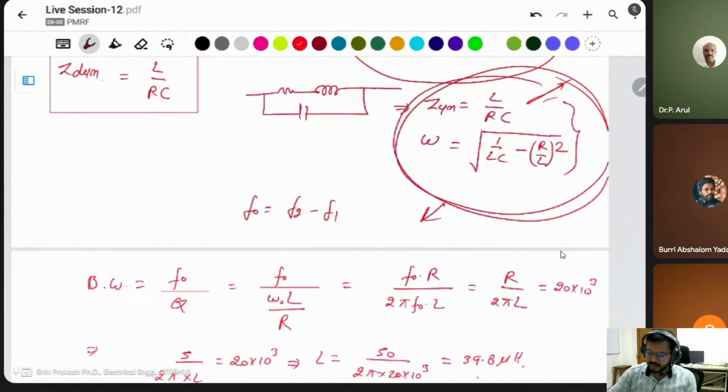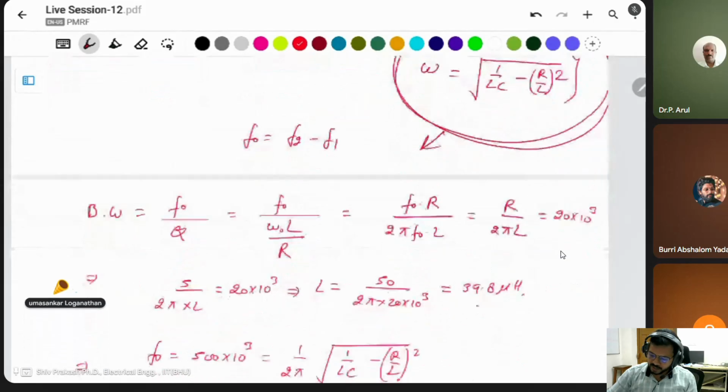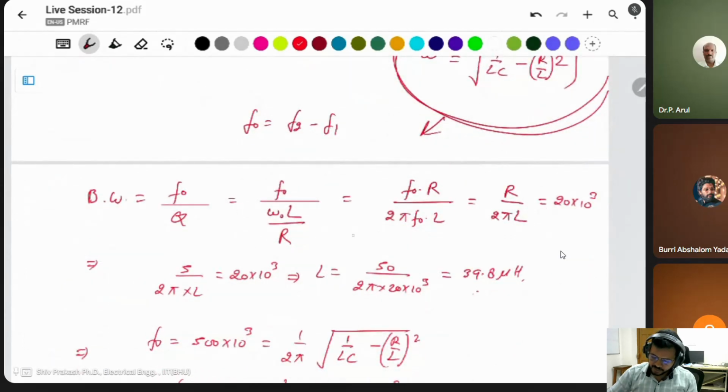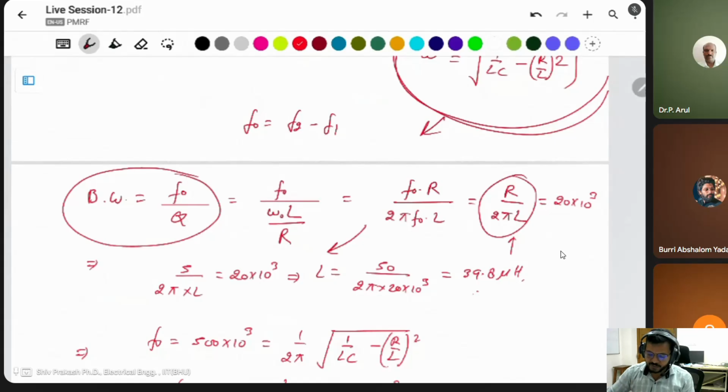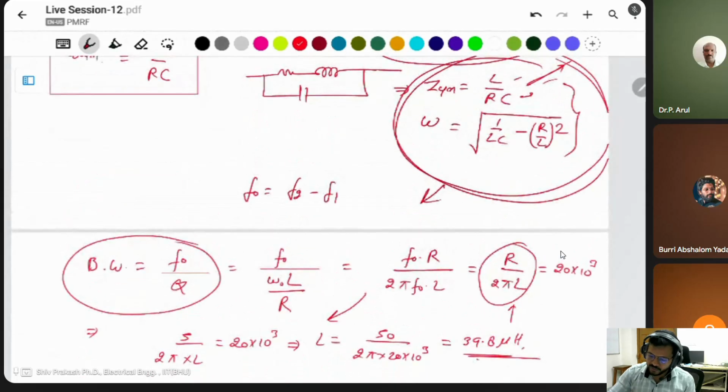Maybe the question gives a capacitor, and you have to find only the inductor. For the inductance value you can directly use the formula: R by 2 pi L is the bandwidth. Bandwidth is the operating frequency divided by the quality factor. Then you find the L value, put in the values of L and R from the question, and calculate the final answer.